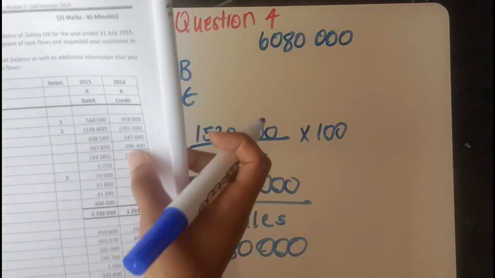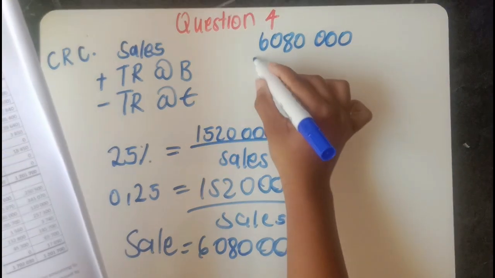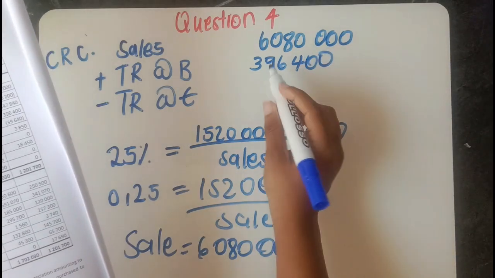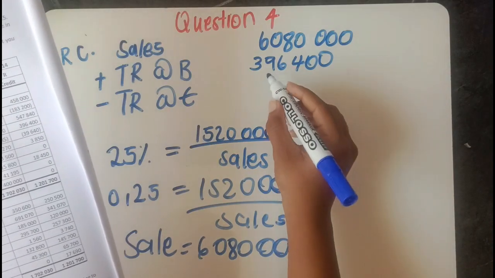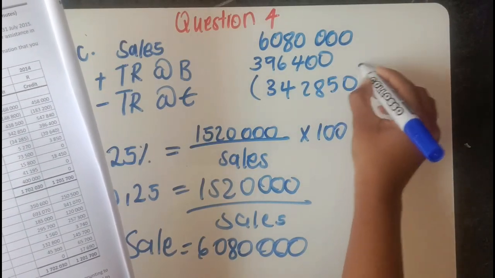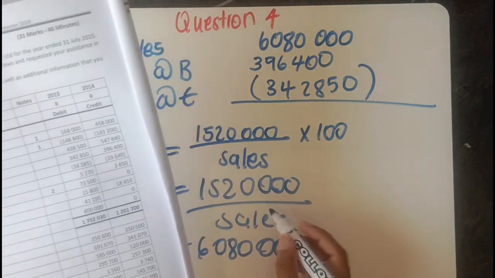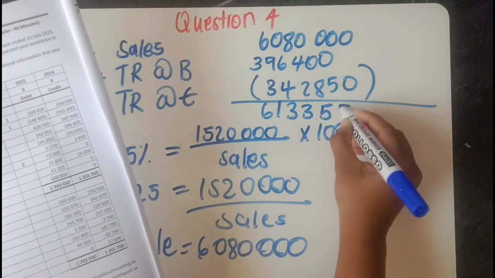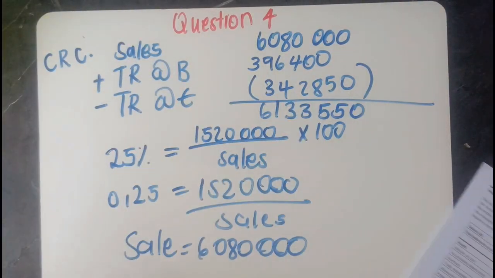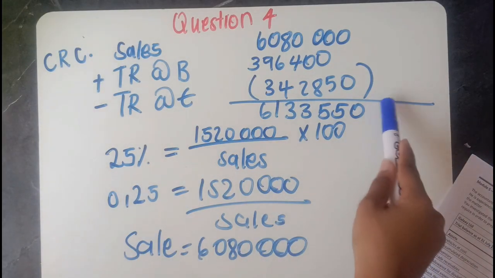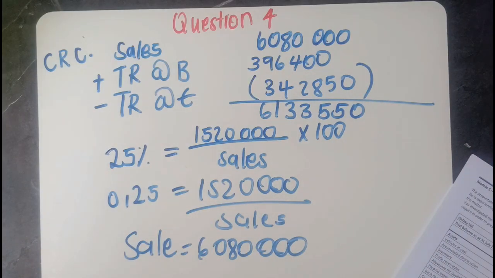So you're going to say 396,400, and you subtract your 342,850, and then you're supposed to have 53,550. So this is your cash received from customers, right? So now we're done with the cash received from customers.